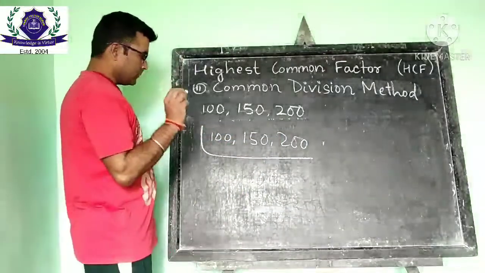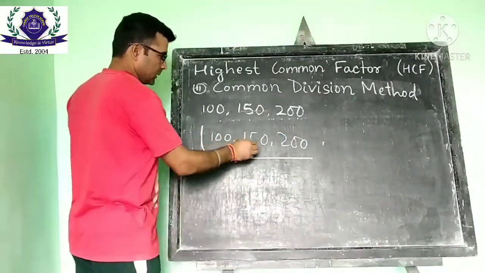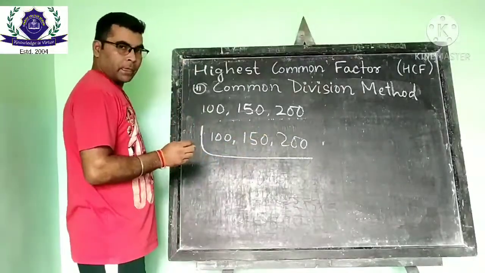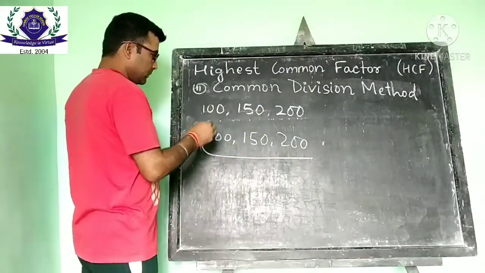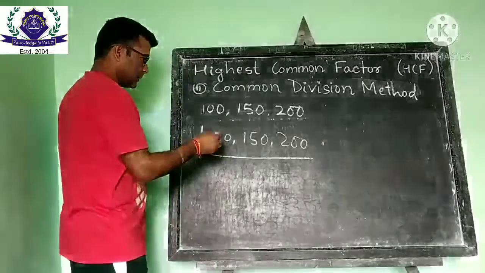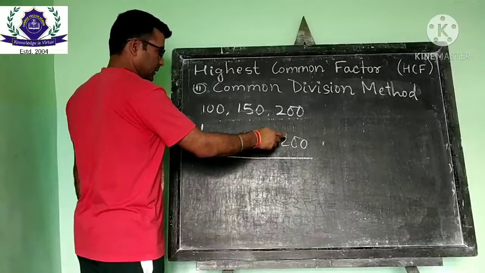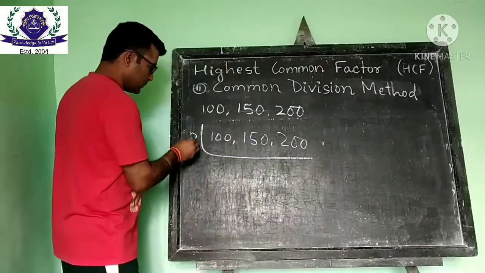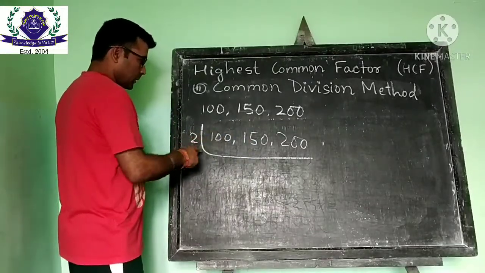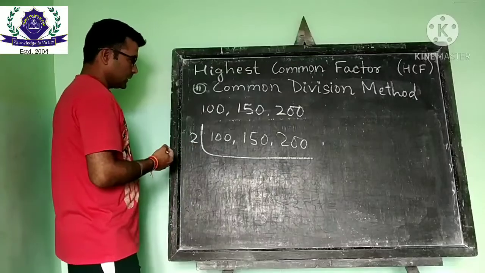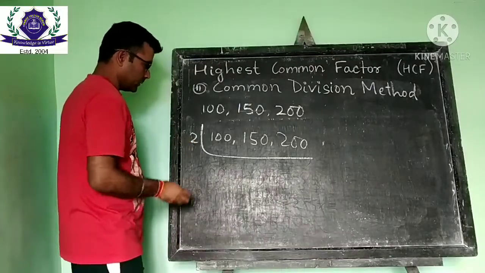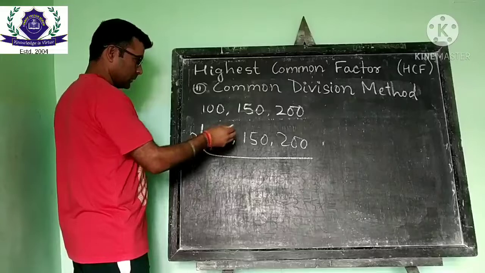We have to choose one number that can divide this also, this also, this also, which can divide it properly. So let us take 2 first, because all 3 numbers are even numbers, so we can divide these 3 numbers by 2, the smallest prime number.